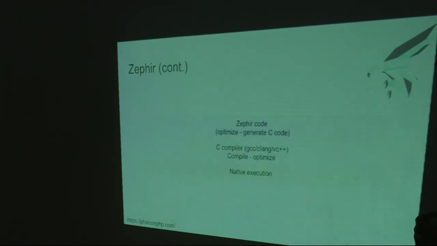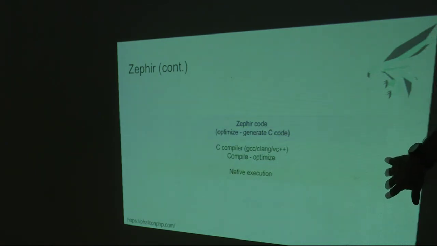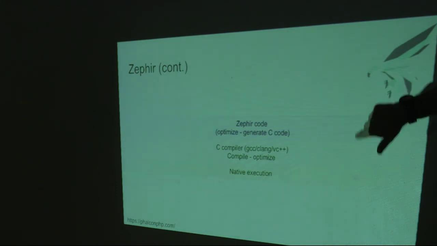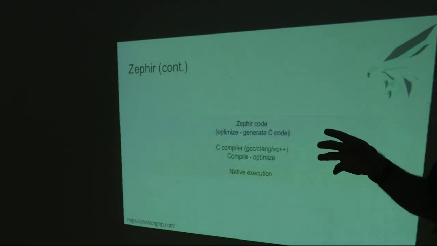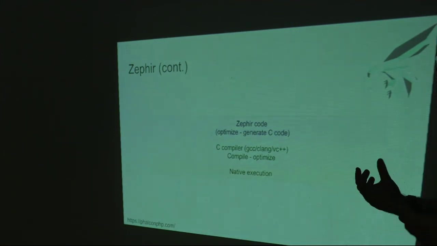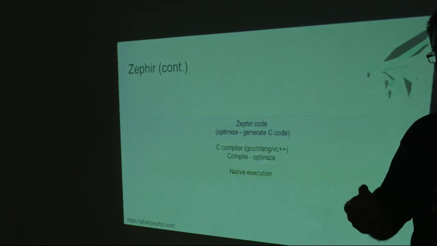All right. So this is pretty much how Zephyr does it. The Zephyr code optimizes the files that it has, and it tries to find common ground between all of them.